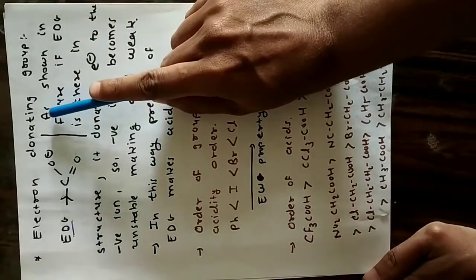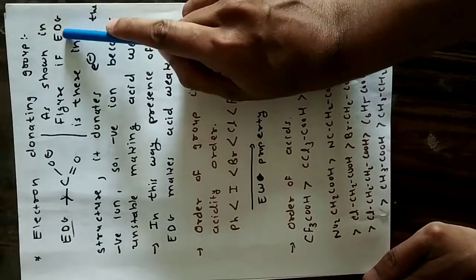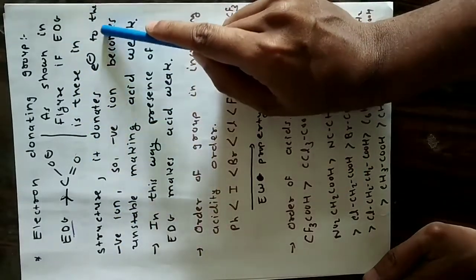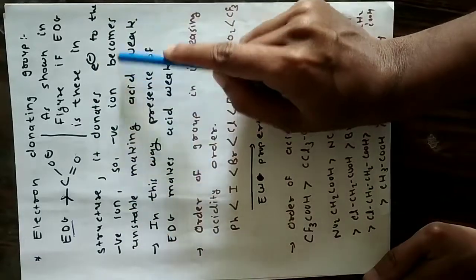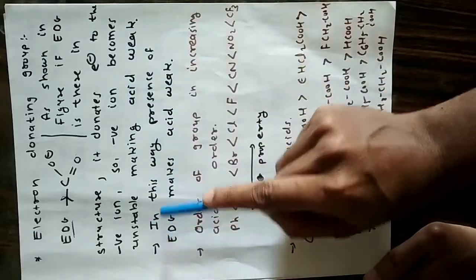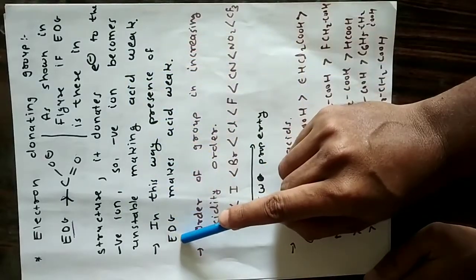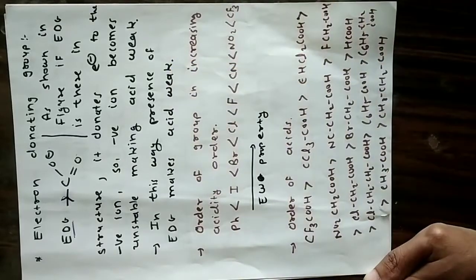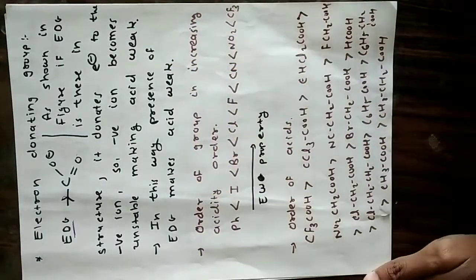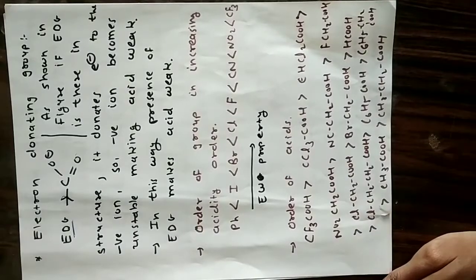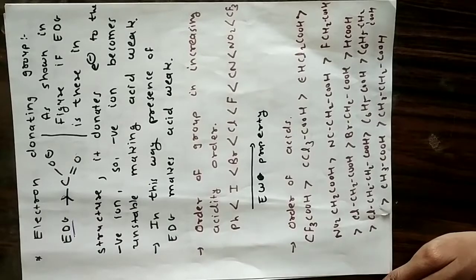As shown in figure, if electron donating group is there in the structure, it donates electron to the negative ion. So negative ion becomes unstable, making acid weak. In this way, presence of electron donating group makes acid weak. Presence of electron withdrawing group makes acid stronger, and presence of electron donating group makes acid weak.